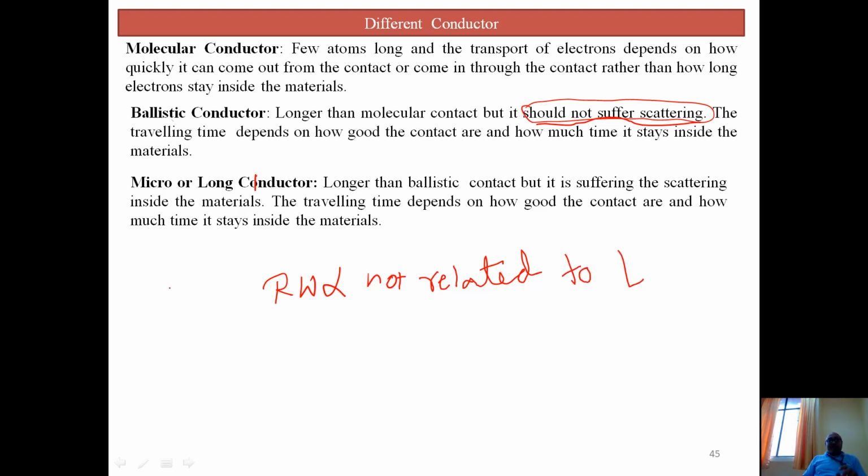Whatever RW we have studied, it is not at all related to L.